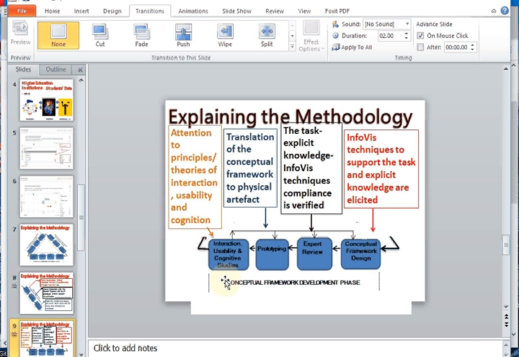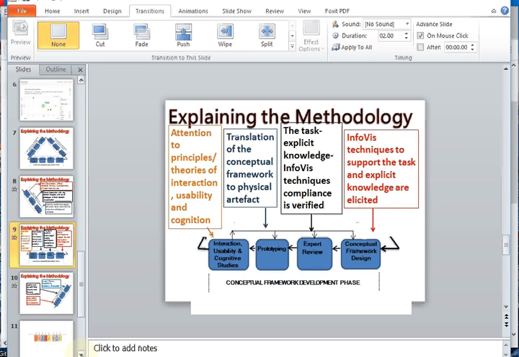There are different theories and principles guiding human-computer interaction, system usability, and human cognition. These studies must be imported, the theoretical imports, to improve the design of the prototype at this stage, so that at the end of the day, the interaction quality of the InfoVis will be satisfactory, as well as the usability, as well as the cognitive.